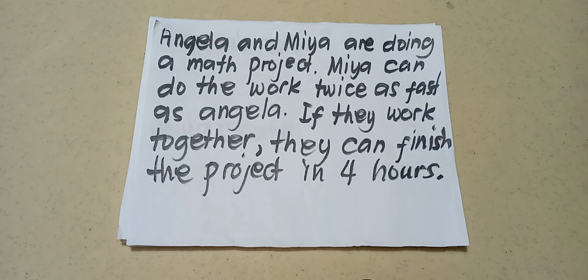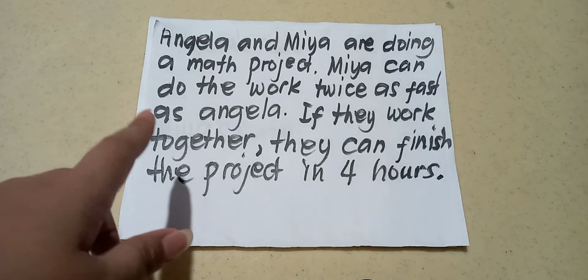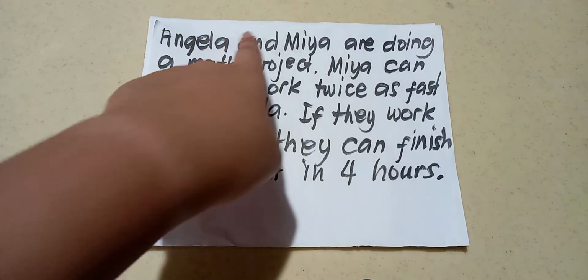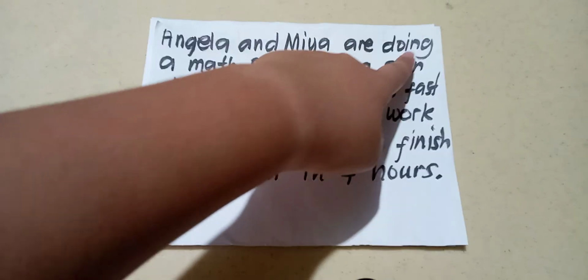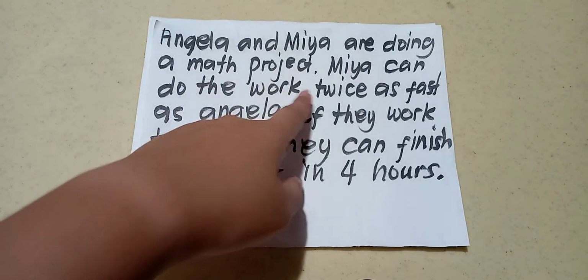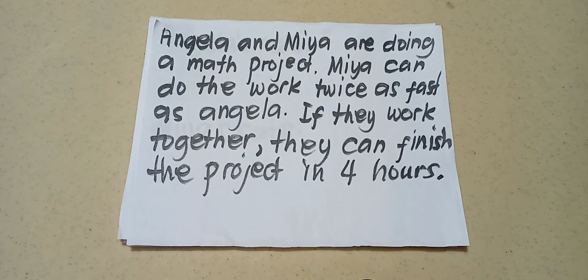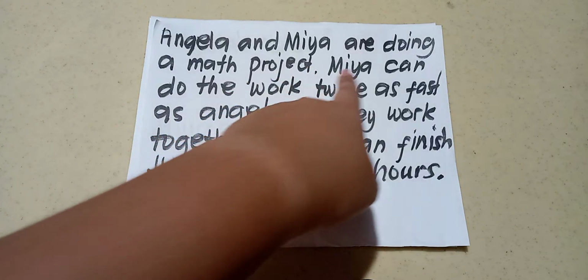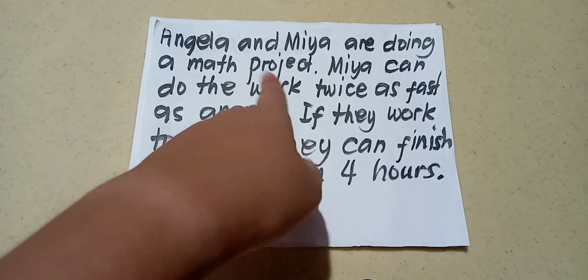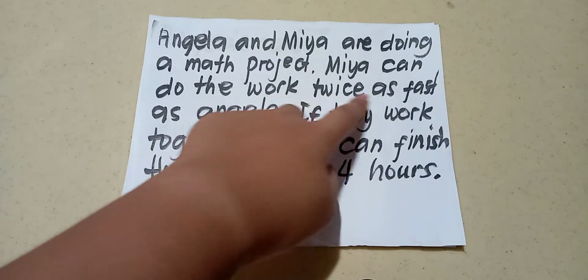So I'm going to translate it now in Tagalog. So, ito na yun. Si Angela at Mia daw ay gumagawa ng math project. Pero hindi sila by pair dito ha. Although pareho silang gumagawa ng math project, ginagawa nila ito individually. Kapag individually is kanya-kanya sila. Pero nakalagay dito na si Mia daw can do the project twice as fast as Angela.